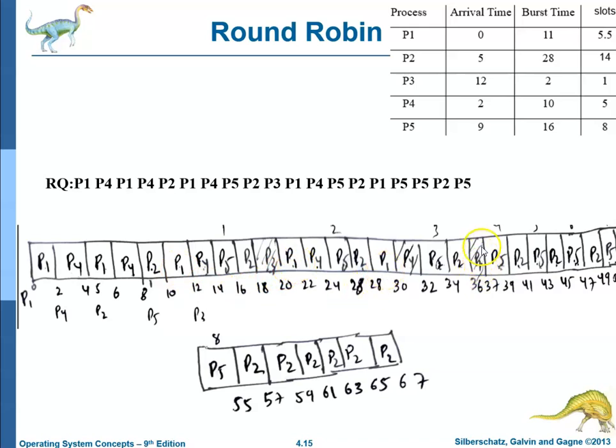So here you need to understand that you have to complete the process execution of P1. Similarly P2, 14 time slots: 1, 2, 3, 4, 5, 6, 7, 8, 9, 10, 11, 12, 13, and probably here one more, 14.